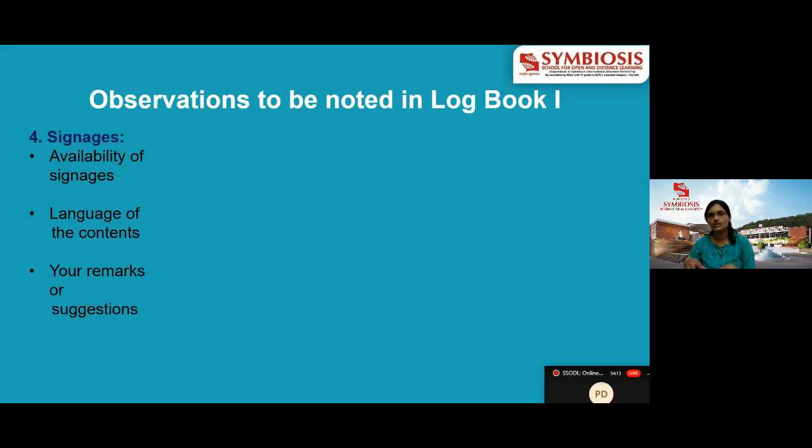If it is in Maharashtra, then it should be in English, like inquiry booth, and below that it should be written Mahiti Kaksha, so that a layman or a person who does not understand English can read it in his or her native language.